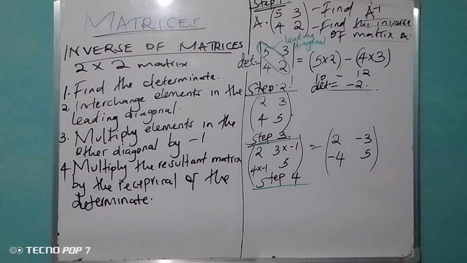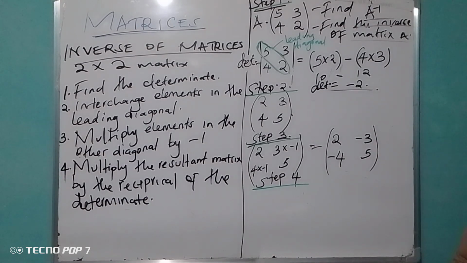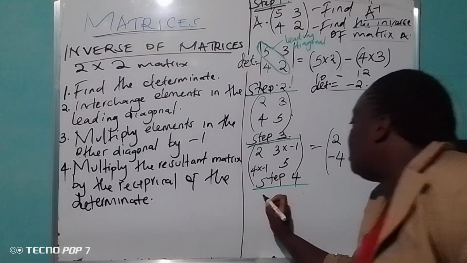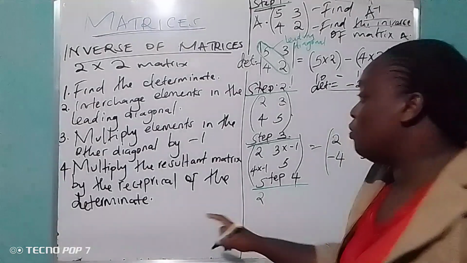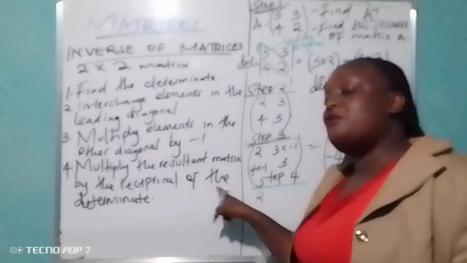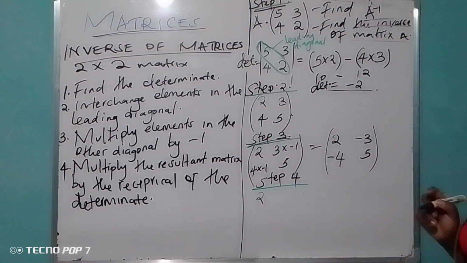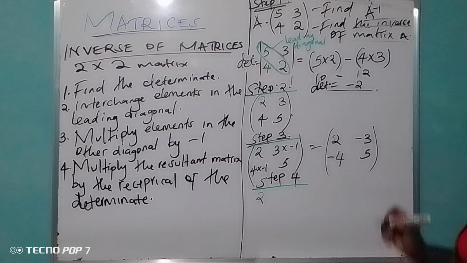So the last step, which is step 4. We multiply the resultant matrix by the reciprocal of the determinant. The reciprocal of -2 is -1/2.